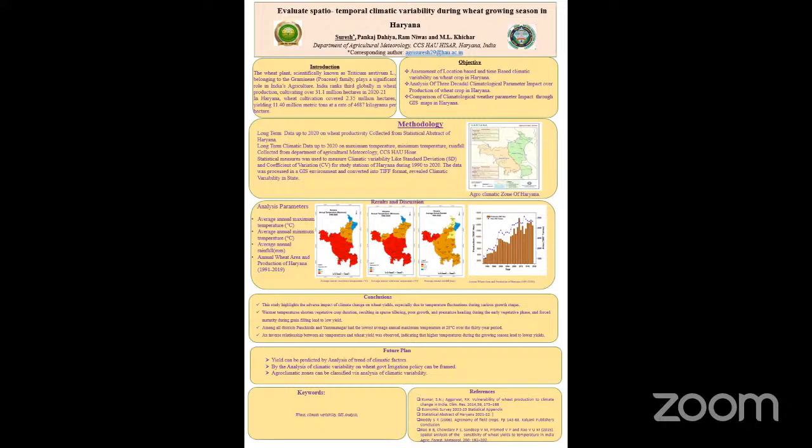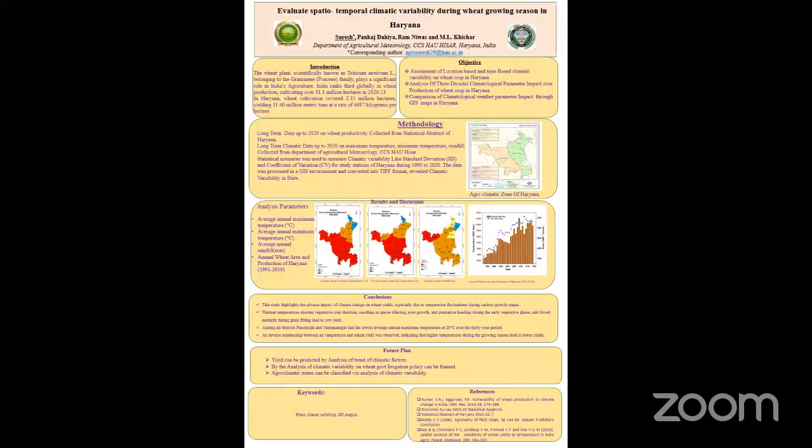So if we talk about methodology in my research, we have collected secondary data from 1990 up to 2020, 30 years of wheat productivity from the statistical abstract of Haryana, and long-term climatic weather data like maximum temperature, minimum temperature and rainfall.